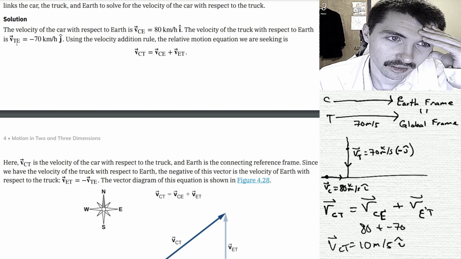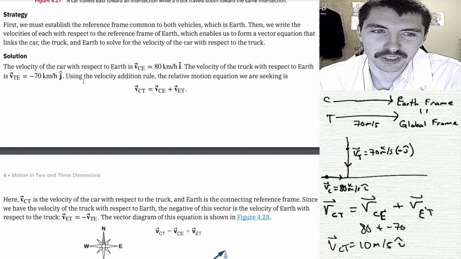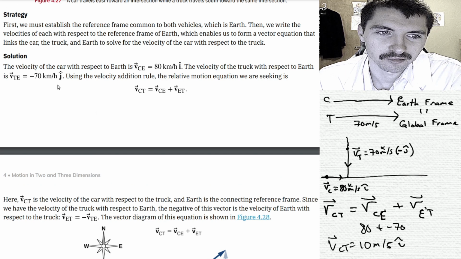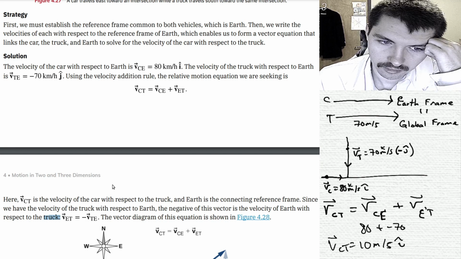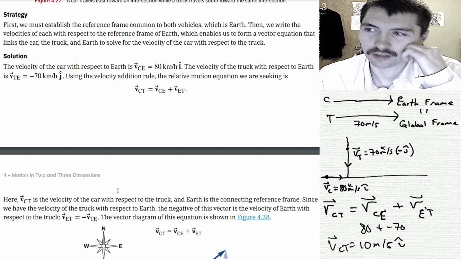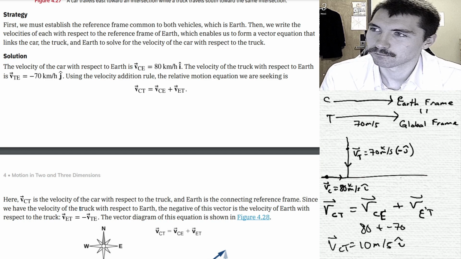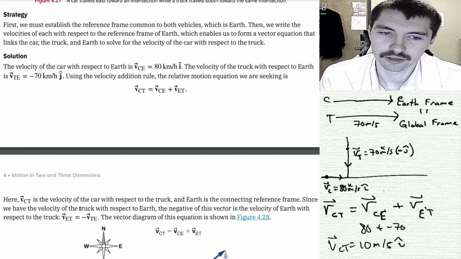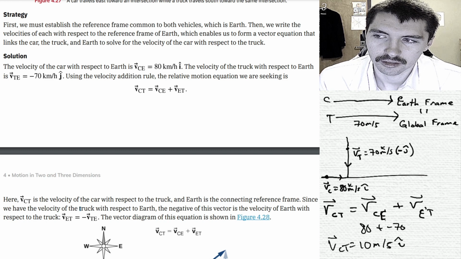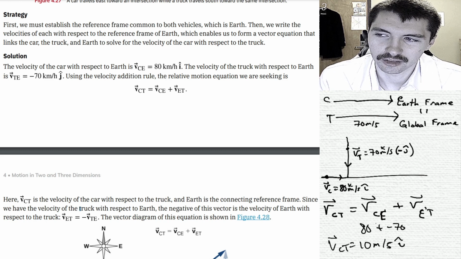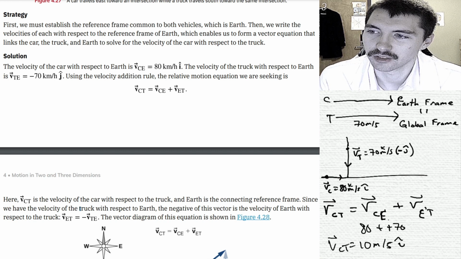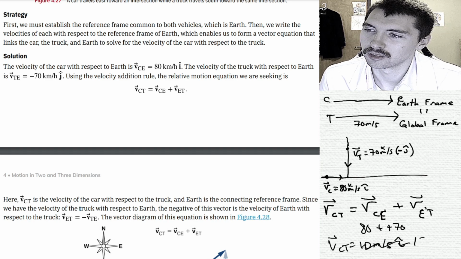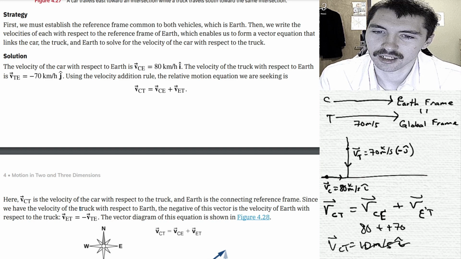There's no way I could have done this until they told me this rule. VET is negative TE. Yeah, so that's kind of a bummer. So really it should be, is it just 80 then? So it should be positive 70. So okay, I'm guessing 80 plus 70.